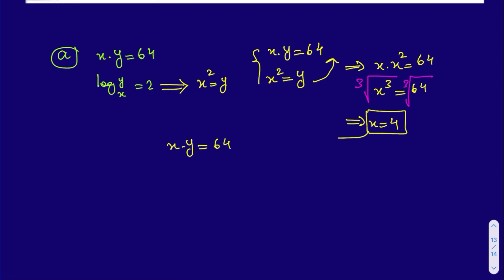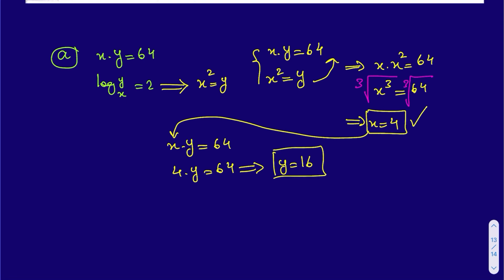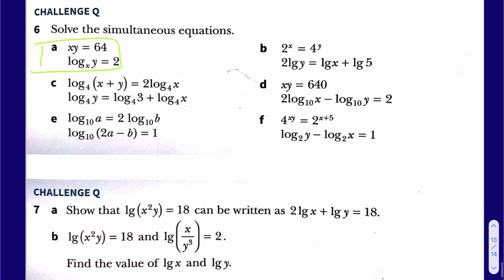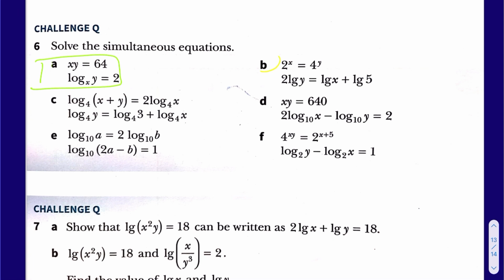I have found the value of x, I will write it here: 4 times y is equal to 64. Therefore, the value of y will be equal to 16. So this is the value of x and the value of y. This is part A. Now let's move on to part B.